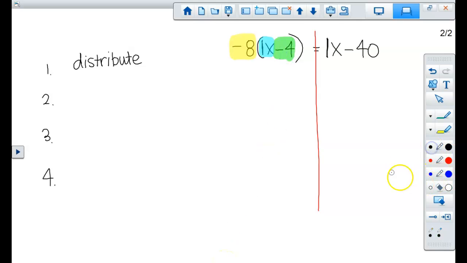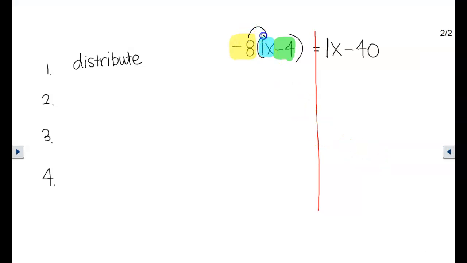So let's distribute that negative 8. Negative 8 times 1x. Negative 8 times 1 is negative 8. Reattach x. Negative 8 times negative 4, positive 32. And that's equal to 1x minus 40. Step 1 is done.